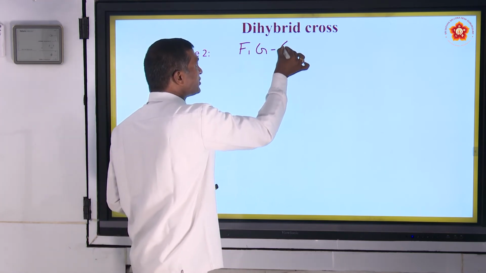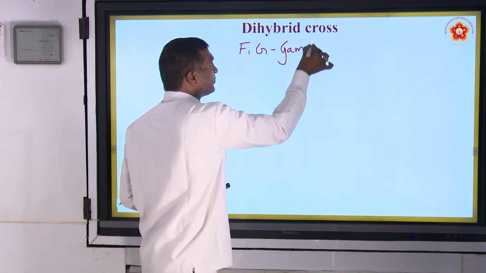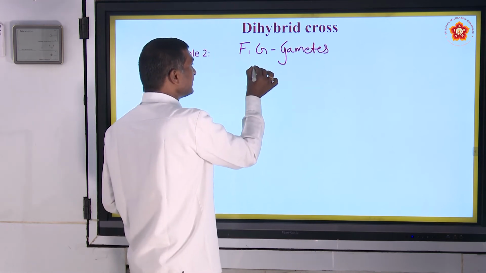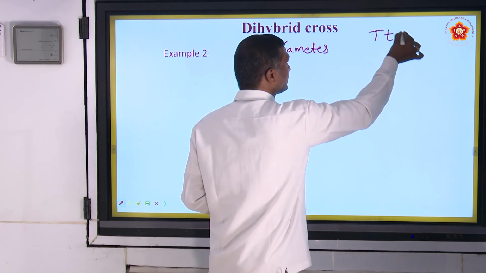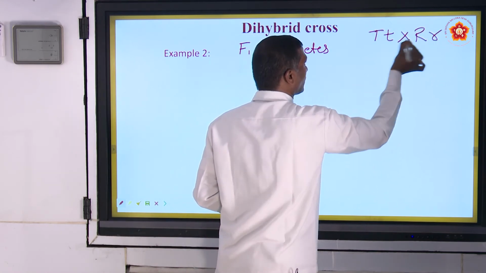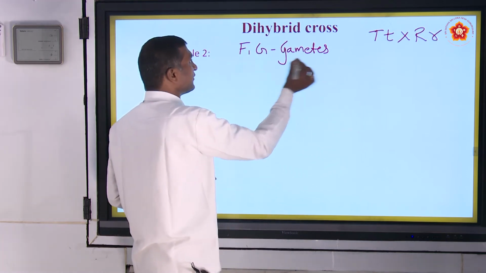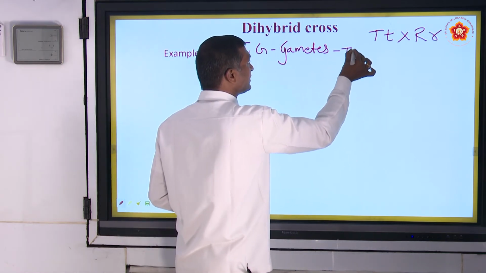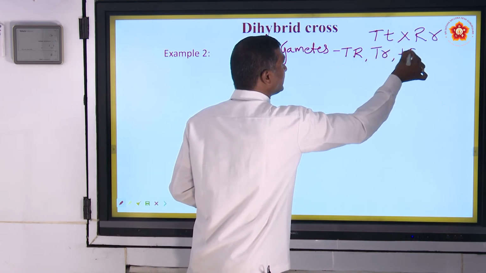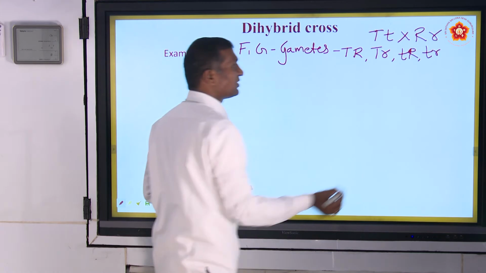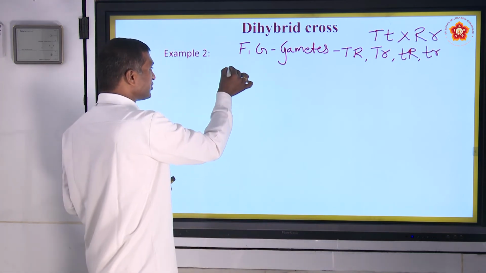F1G generation, gametes that are obtained. For that, we can calculate capital T, small t crossed with capital R, small r. What are the gametes we get? We are going to get the gametes capital T, capital R, capital T, small r, small t, capital R, small t, small r. Let us write the checkerboard.